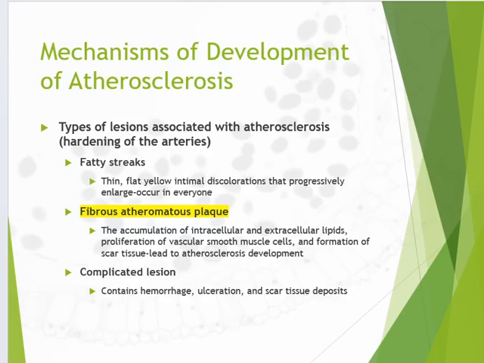And it usually has a thick lipid core because lipids had come to the area when that injury occurred. So overall, this is an accumulation of intracellular and extracellular lipids, proliferation of vascular smooth muscle cells to the site, and formation of a scar tissue or a cap. And this all leads to atherosclerosis development.